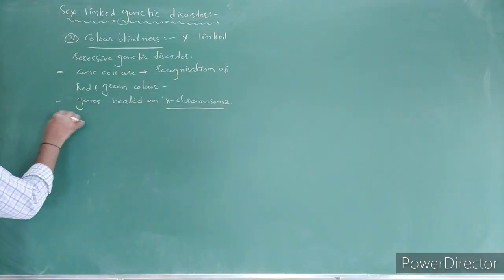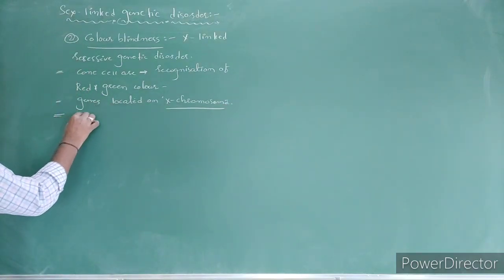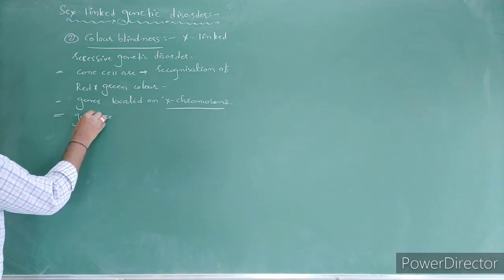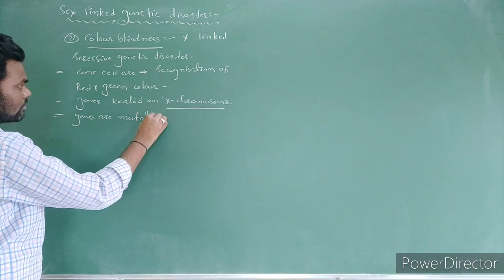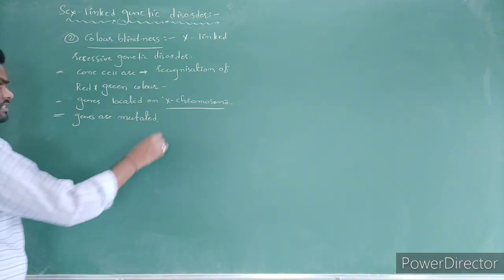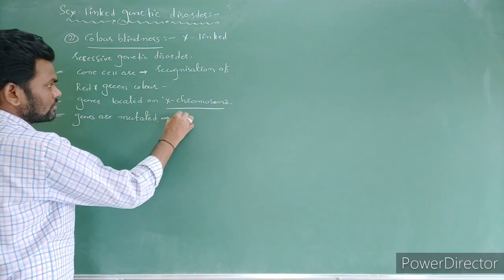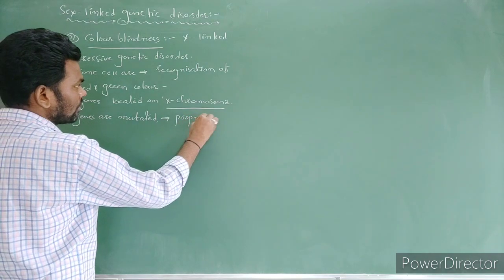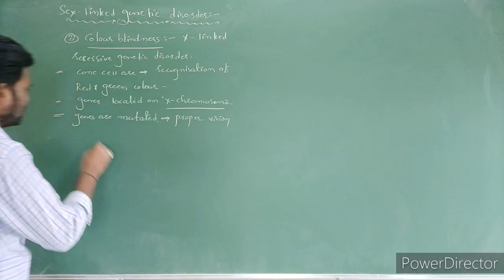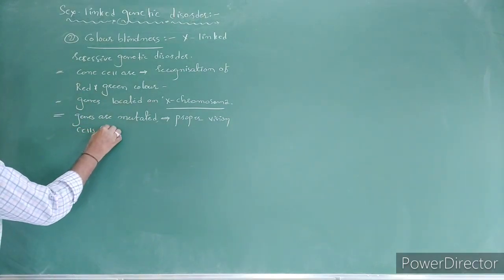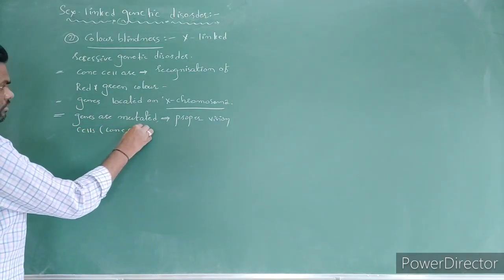Now what happened? These genes are mutated or altered. These mutated genes are not going to produce proper vision cells, nothing but cone cells.